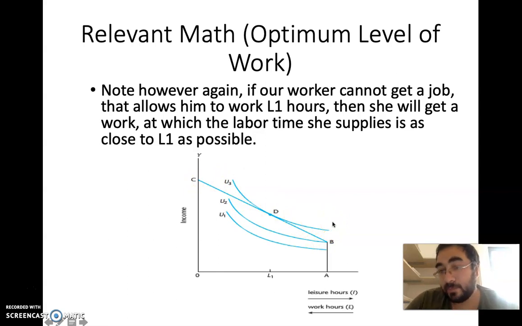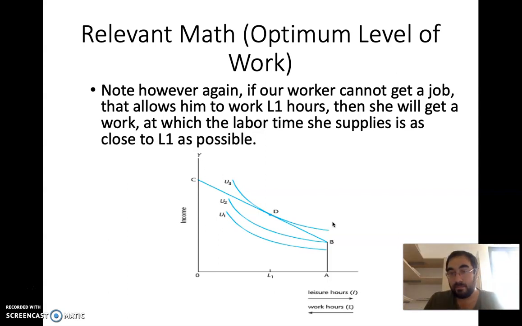That means at the tangent point, the amount of income our individual is willing to give up to get an additional labor time is exactly the same as the amount of wage our individual will get by working an additional labor time.